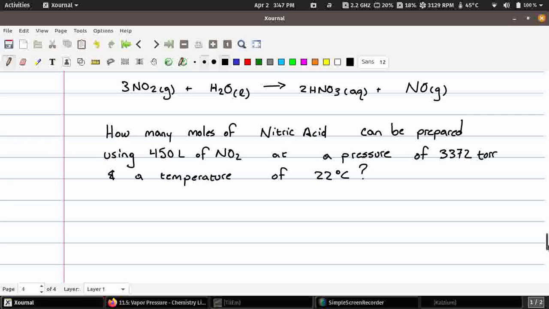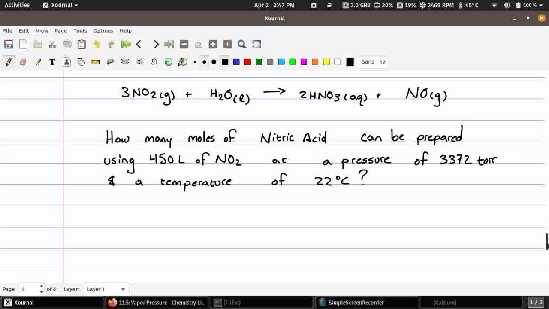Alright, how many moles of nitric acid can be prepared using 450 liters of NO2 at a pressure of 3372 torr and a temperature of 22 degrees Celsius? Nitric acid is HNO3. It's a super, super strong acid.